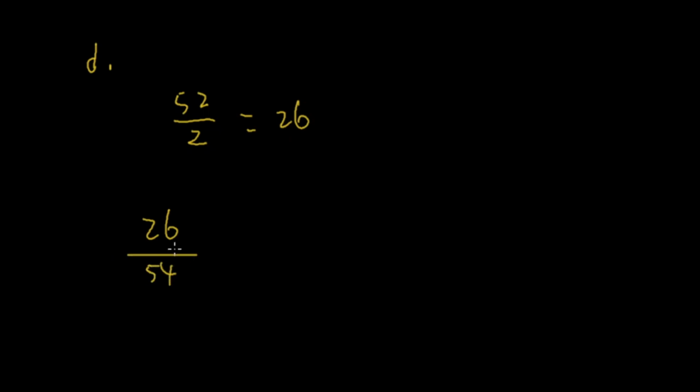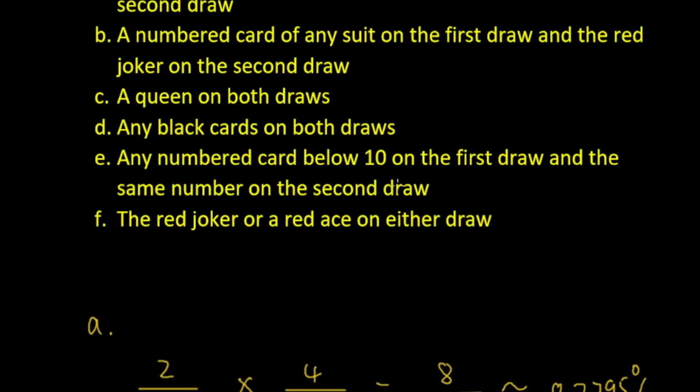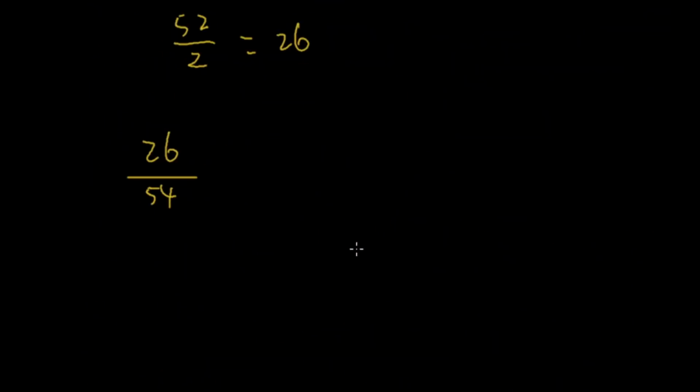So that's the probability of getting one of the black cards. Now, on the second draw, it has to be a black card too. Since in the first draw you already drew one of the black cards, and you're not returning it to the deck before the second draw, there are really only 25 black cards left for you to draw.